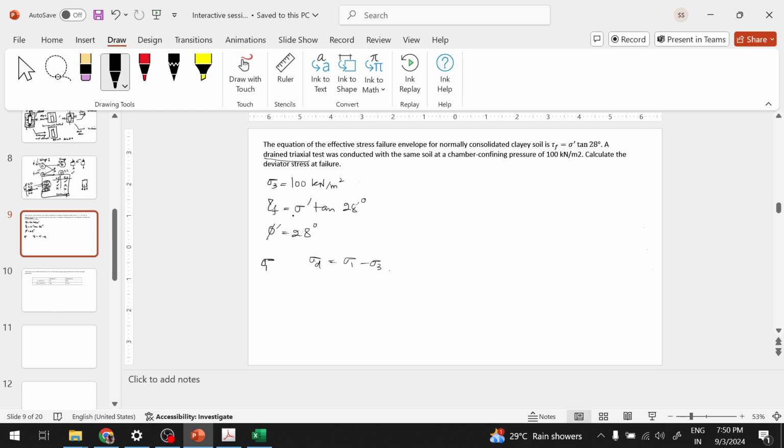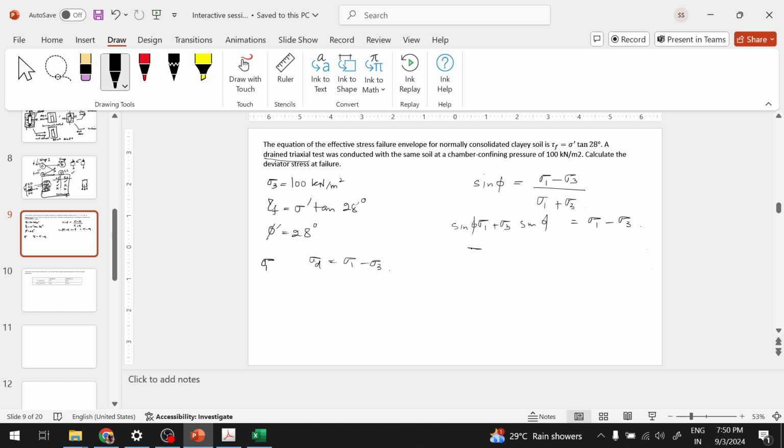Since we know sine phi equals sigma 1 minus sigma 3 over sigma 1 plus sigma 3, let's redistribute it. Sigma 1 plus sigma 3 times sine phi equals sigma 1 minus sigma 3.